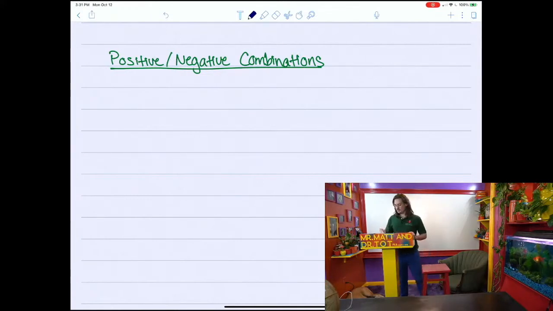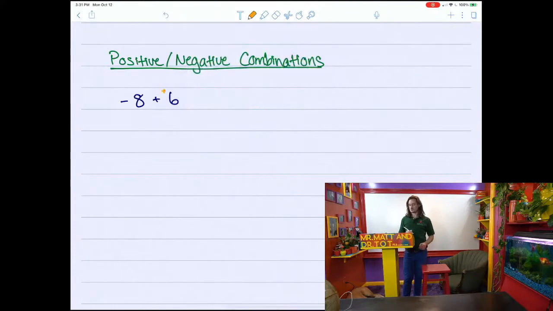So, for example, if we had -8 plus 6, and that's really plus a positive 6, we don't always write two positive signs next to each other, but technically each number has a sign and an operator, so there's three signs, quote unquote, in any simple math sentence.